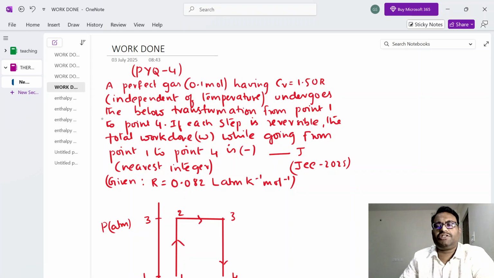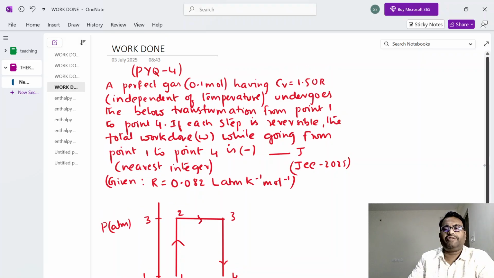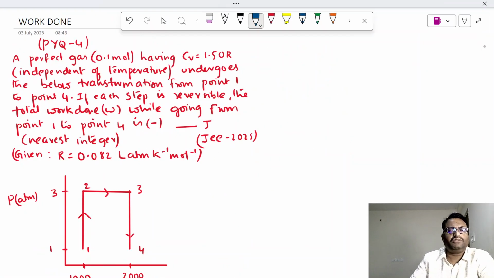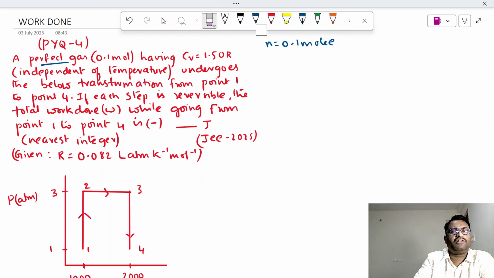The next question was asked in 2025 JEE Mains. What is the question? A perfect gas or ideal gas, number of moles is 0.1 mole, having CV equal to 1.5 R, independent of temperature, undergoes the below transformation from point 1 to point 4.